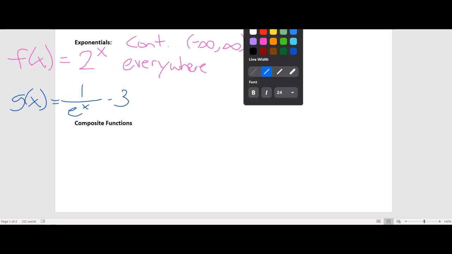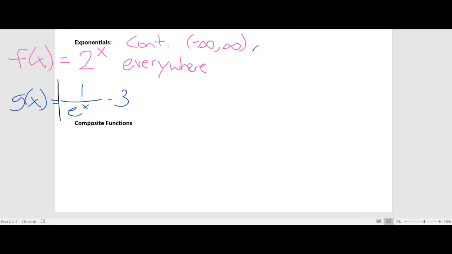The blue function looks a little different. We do have this fraction here, and you may think, okay, what if this fraction ends up with a 0 in the denominator? Wouldn't that make the function undefined? Well, you'd be correct, because we can't have 0 in a denominator. However, e to the x never will have a value of 0.